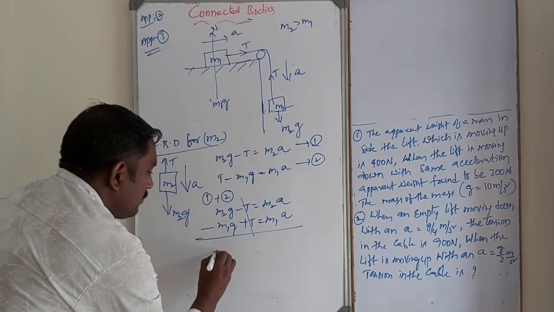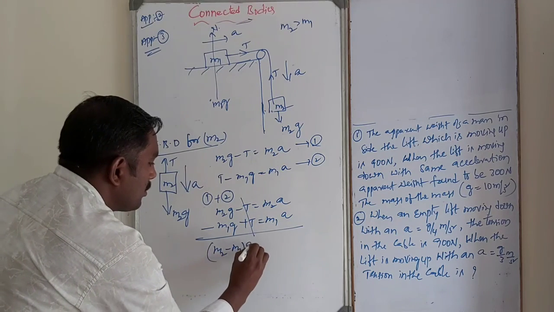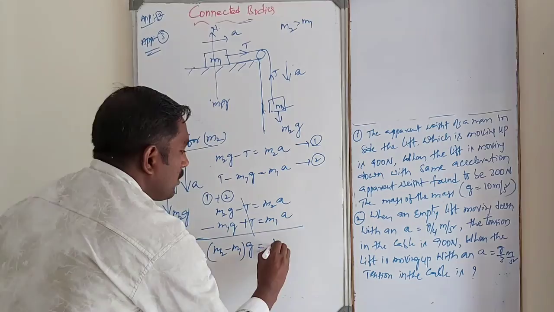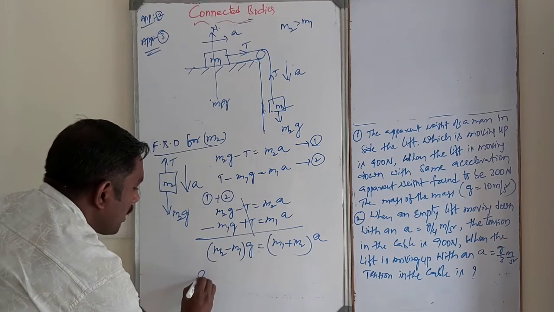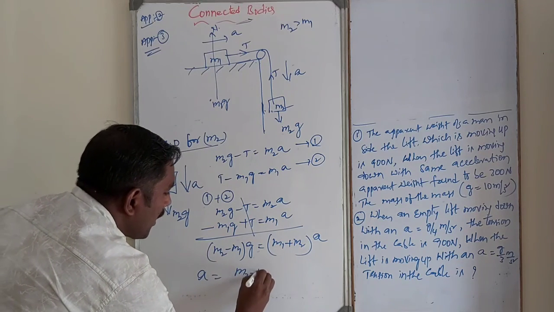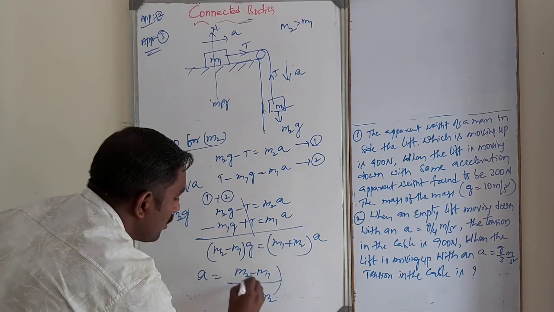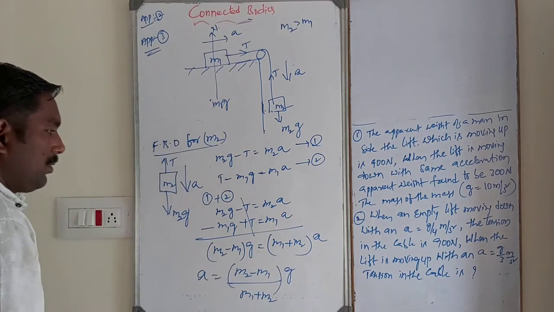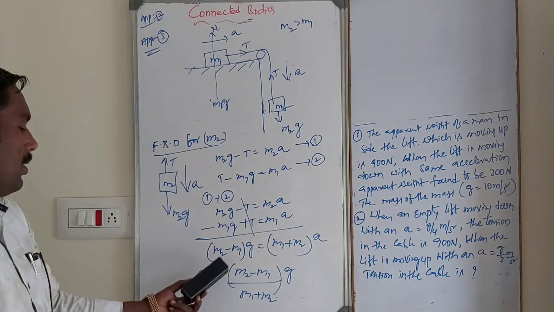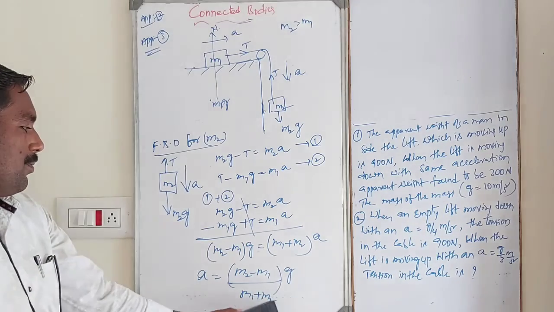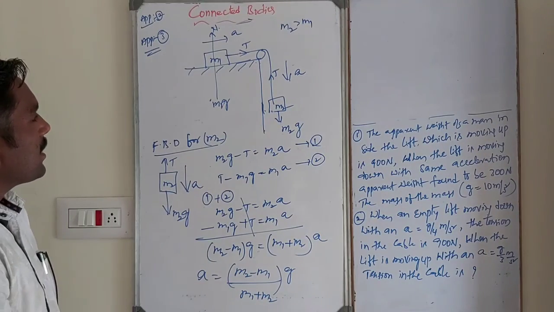So (m2 minus m1) into g is equal to (m1 plus m2) into a. So the acceleration of the system is a equal to (m2 minus m1) by (m1 plus m2) into g. This is the acceleration of the system.